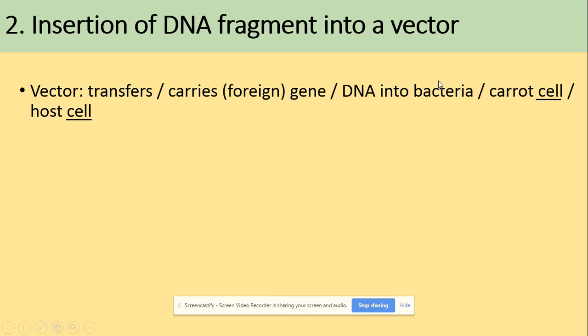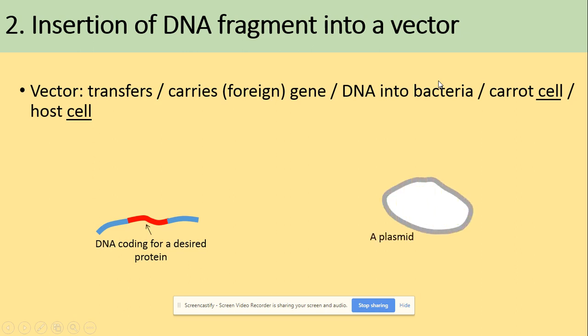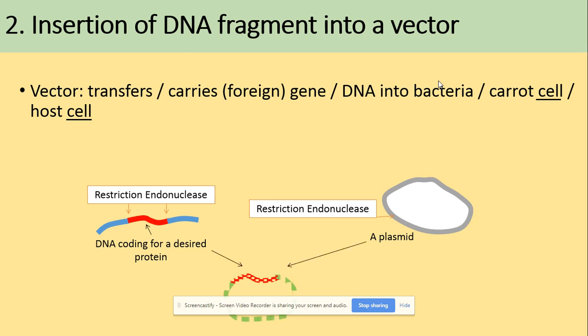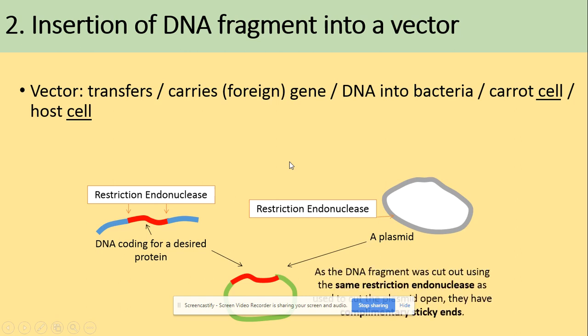So this was our DNA that we've isolated using a restriction endonuclease. We're going to use the same restriction endonuclease to cut the plasmid, so the complementary sticky ends will be produced on both of the sources of DNA, and we can insert our gene of interest into this plasmid, producing recombinant DNA.